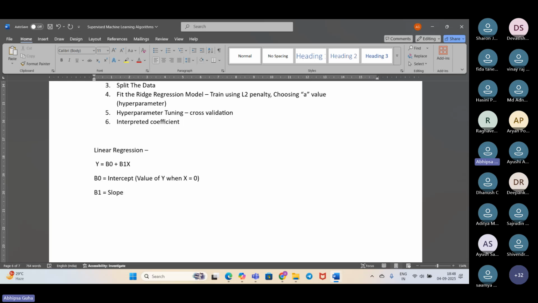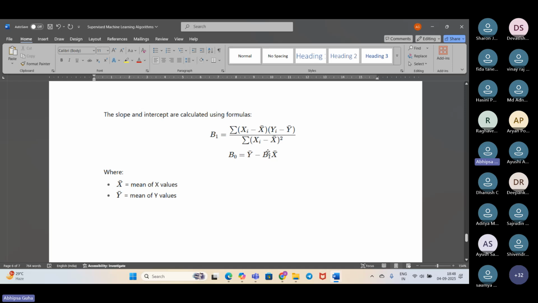If the value of x changes by 1 unit, how the y value changes, this b1 says it. Okay, clear, guys? Understood? Yes, ma'am. So this is the formula for slope and intercept.